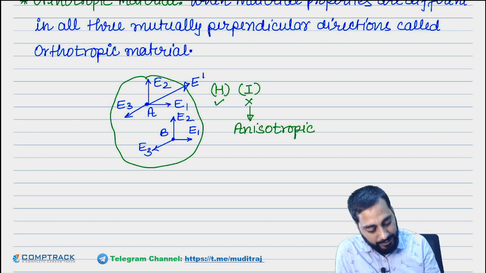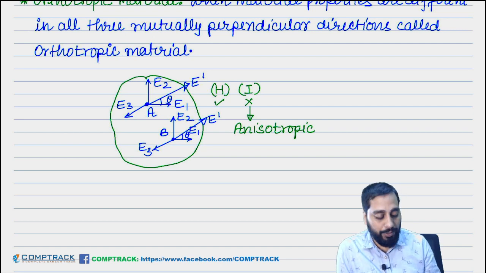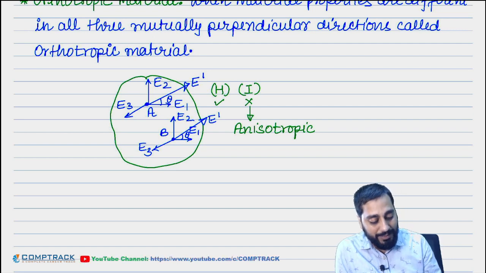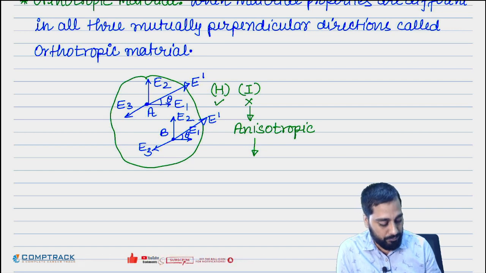Let's say here it is E dash, at any angle theta, because you can apply the load at any angle on the material. So a special case of anisotropic is orthotropic. In orthotropic, you have to check only 3 mutually perpendicular directions.